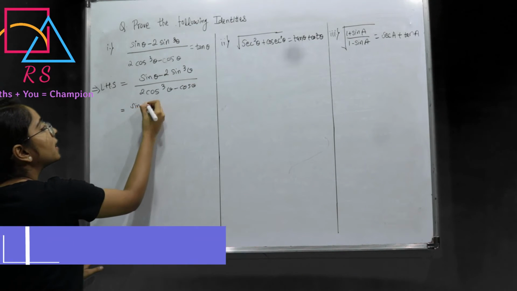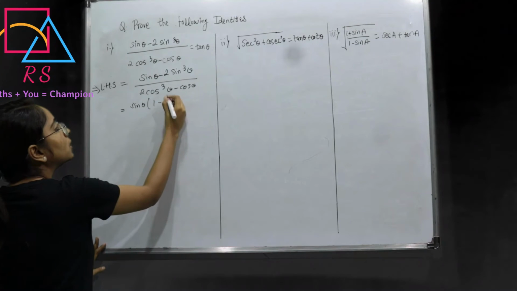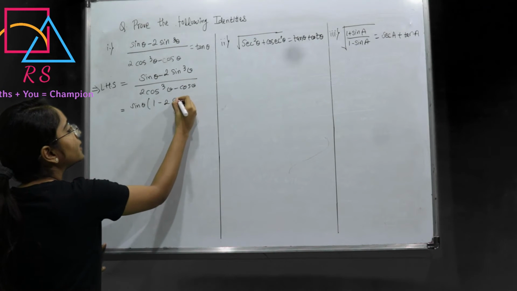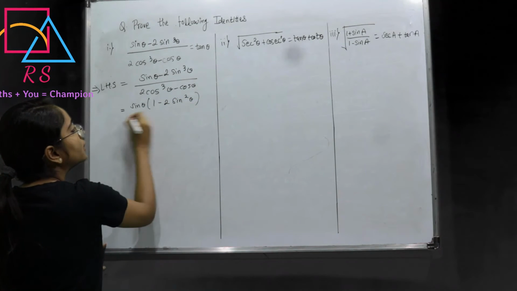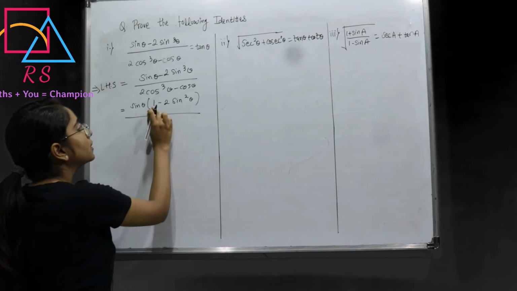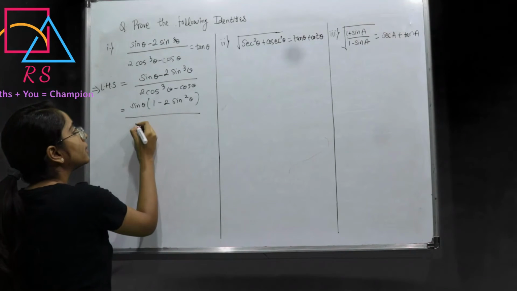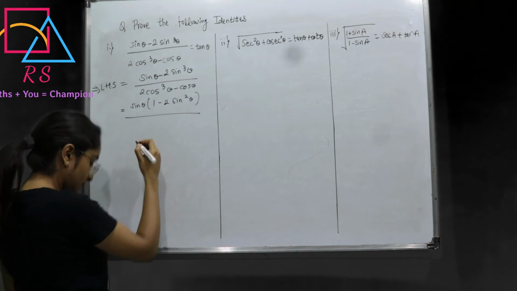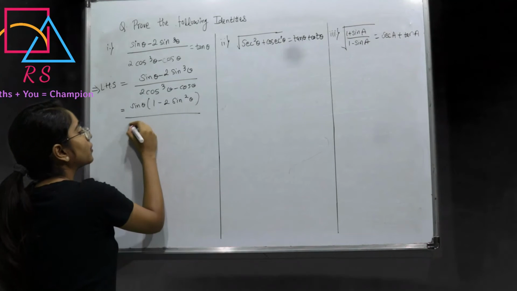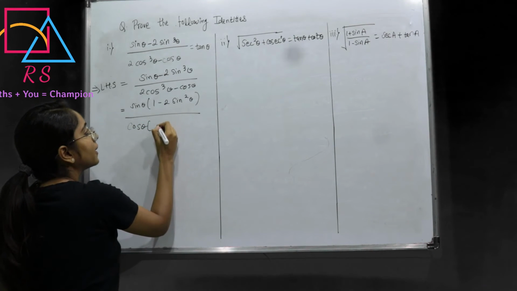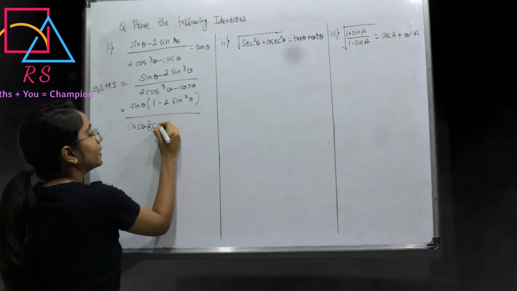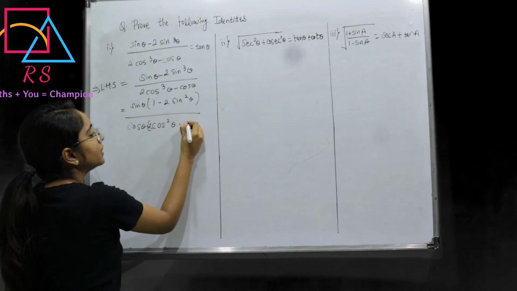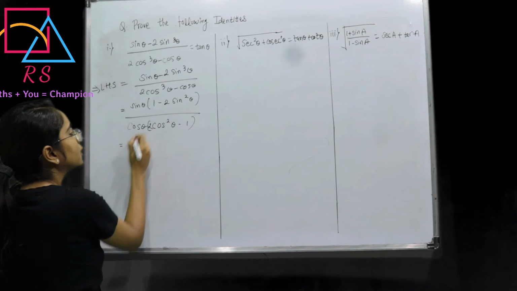Here numerator has sin theta common, so I will take sin theta common. Further in bracket 1 minus 2 sin square theta will be remaining. Denominator has cos theta common. I will take it out from the bracket, and 2 cos square theta minus 1 will remain.